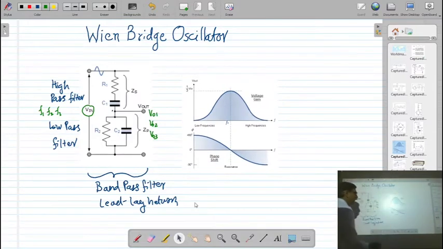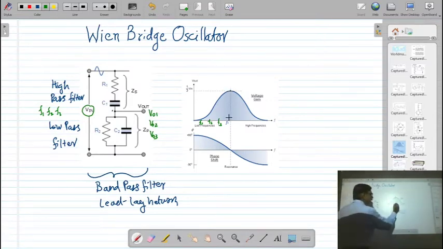As my frequency is increasing, the output voltage of this network is also increasing, and at a particular frequency, the voltage is maximum, and then again the output goes on decreasing.